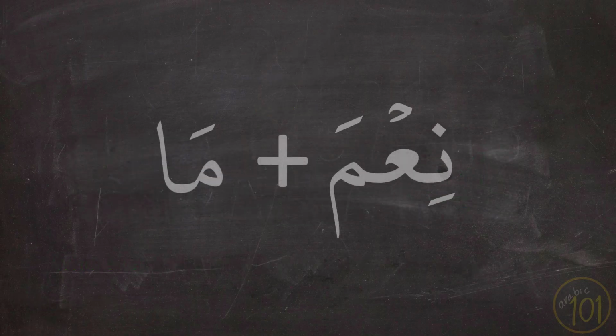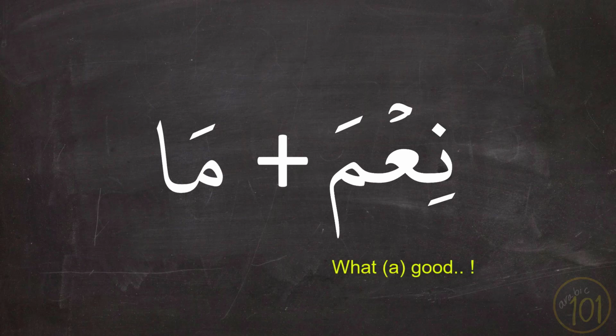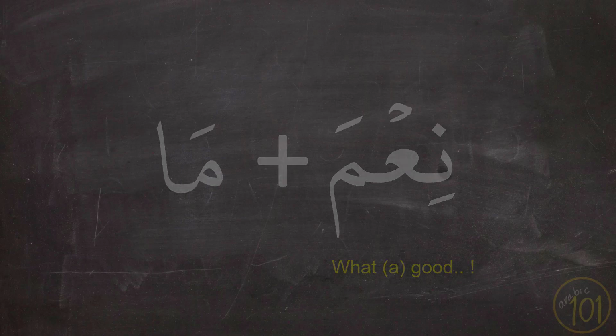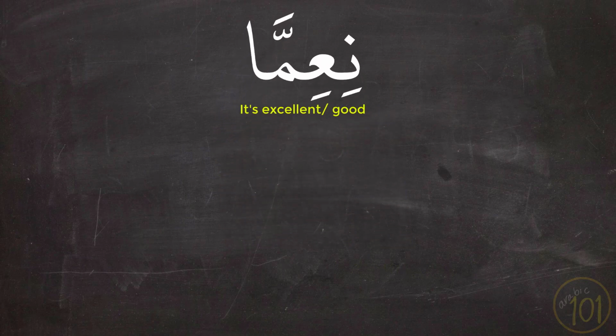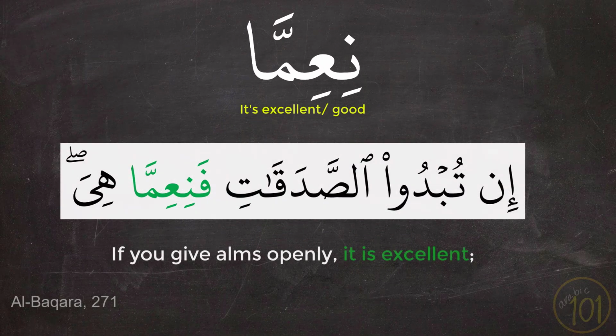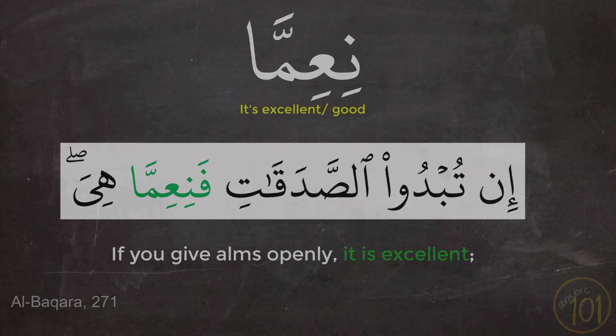Another combination is نعم and ما, which, as we learned in the previous lesson, means what good or what a good. The combination will be نعما, and it means it is excellent. And we see it used in this example. إن تبدوا الصدقات فنعما هي.